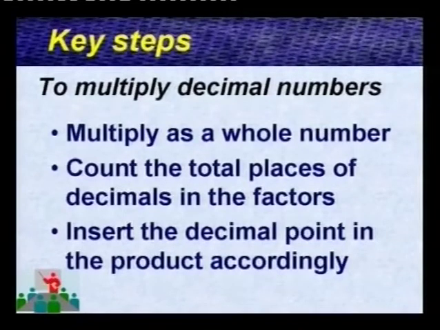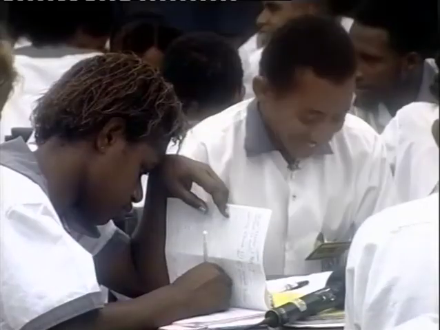Key step number 2, after multiplying, you count the total places of decimal in the factors. And then you insert the decimal point in the product accordingly. So these are the main 3 steps that you must carry out when you are multiplying decimal numbers. Now, receiving students and ATs, we will go to our main lesson.